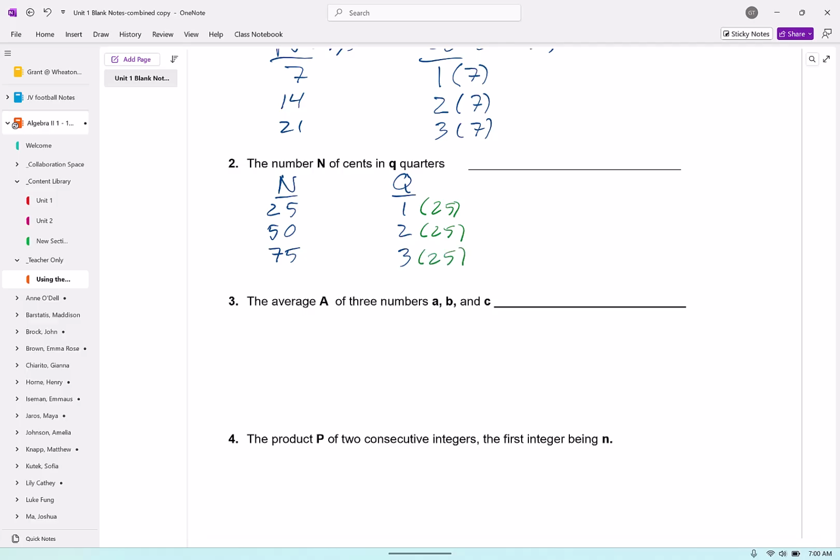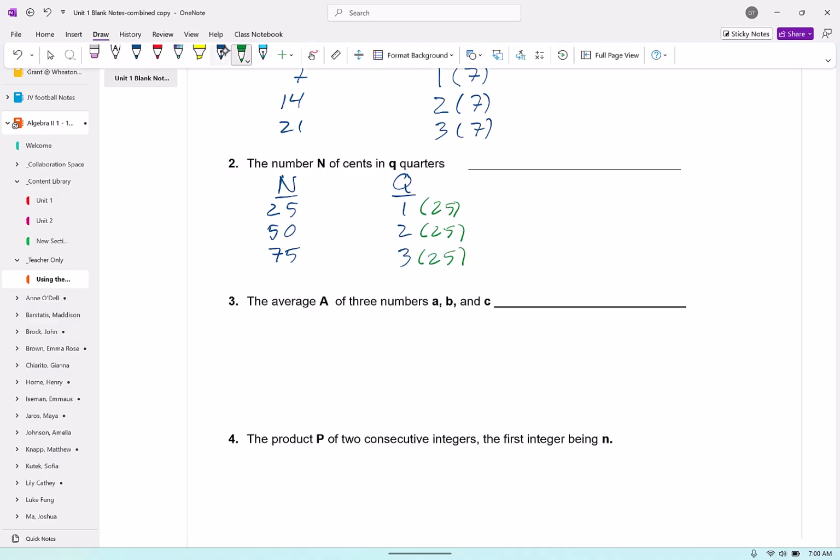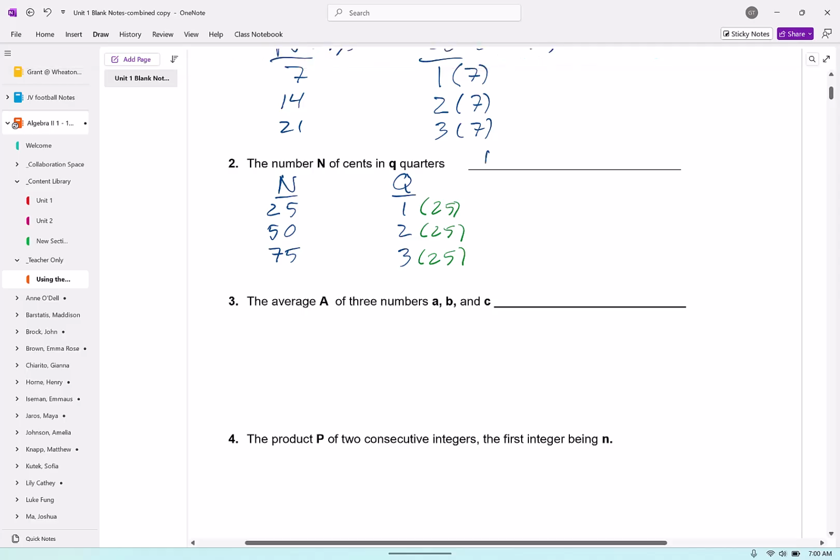Similarly to what we just did a second ago, whatever values are the same, I can put as that value in the equation. Whatever is changing, q is changing from 1, 2, 3, and the cents are changing from 25, 50 to 75, I would have to put a variable in to represent those. So this would be n, number of cents, equals 25Q. I'm doing it uppercase because my lowercase q kind of looks like a 9 or a weird 8. So it's equal to the same thing.